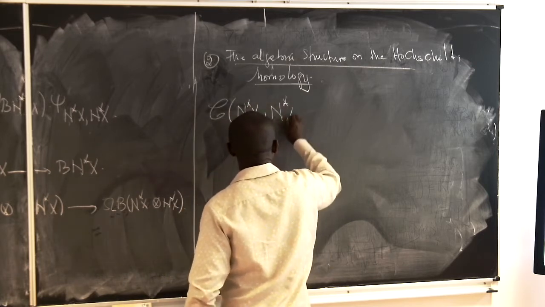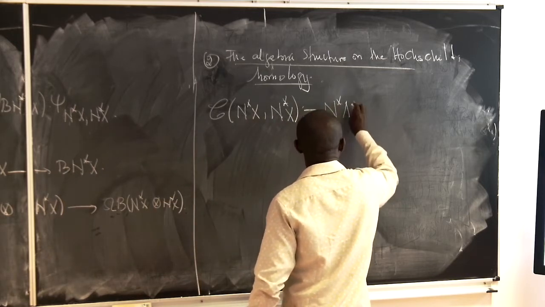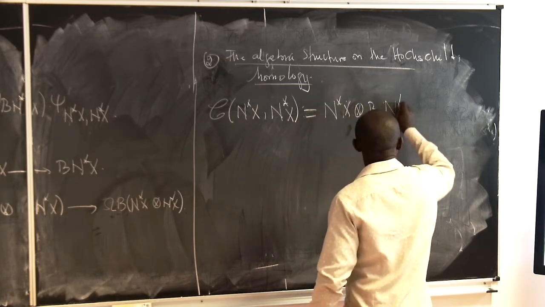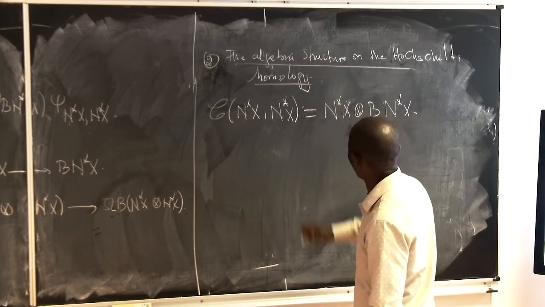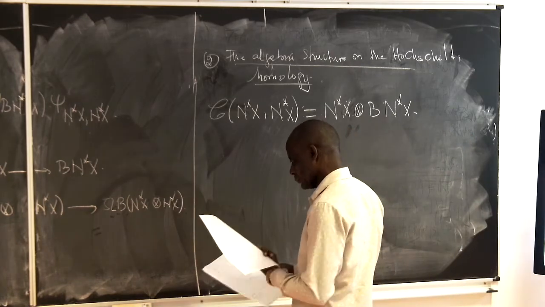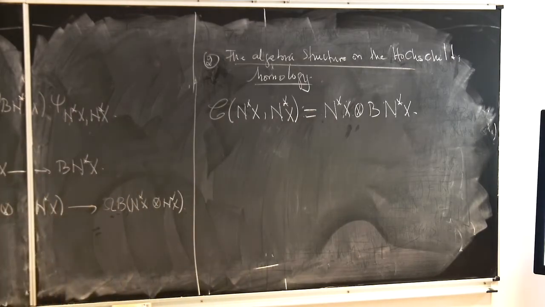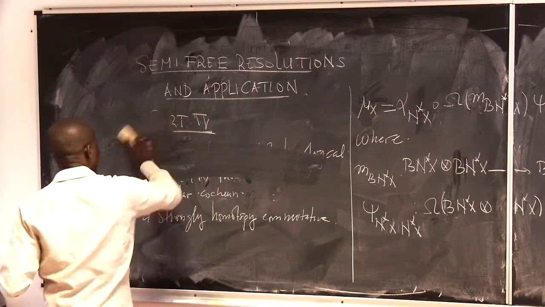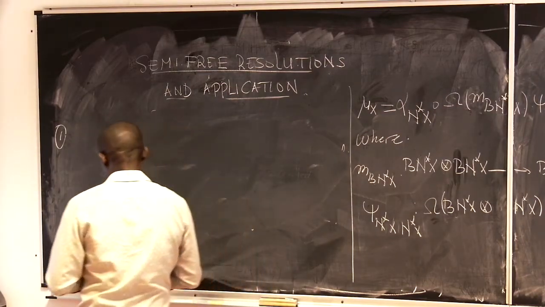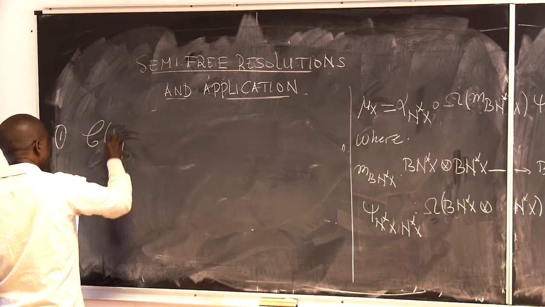Here our algebra is the normalized singular quotient, and we define it to be this, by taking this composite here.